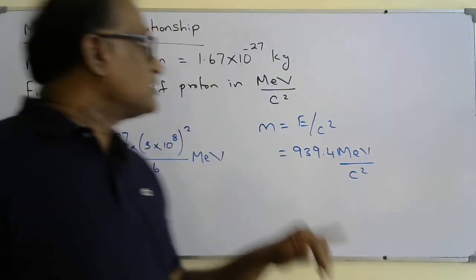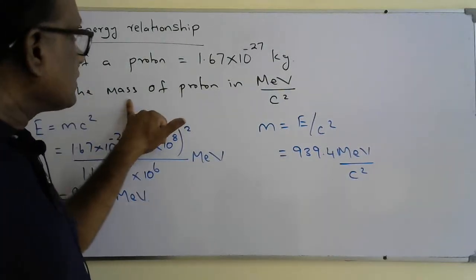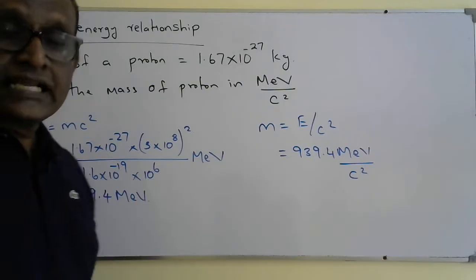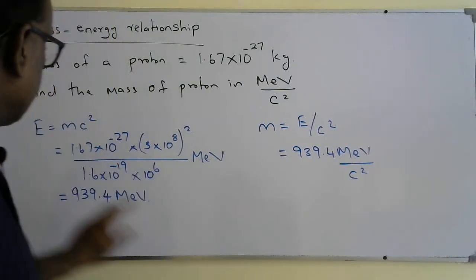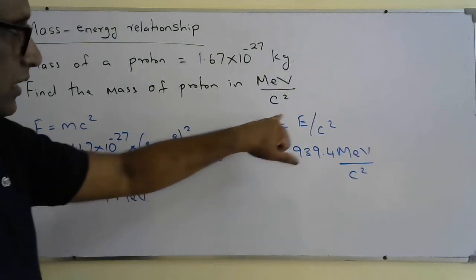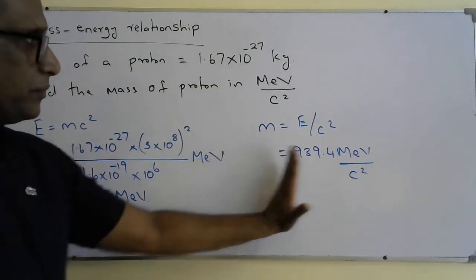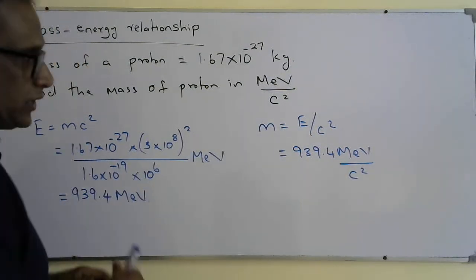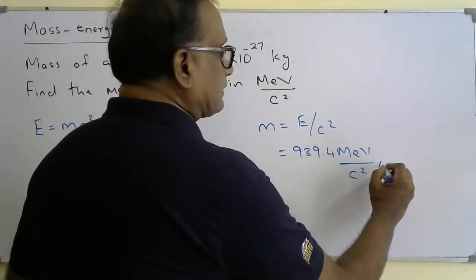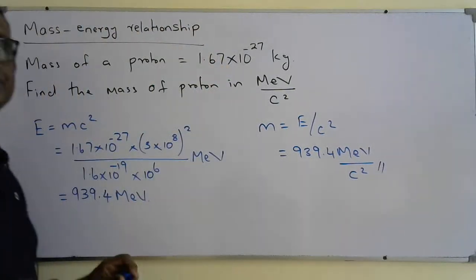Here I was asked for the mass in mega electron volt over C squared, so I found the equivalent energy of the proton in mega electron volts. Then M equals E over C squared, so that is the final answer. The mass of a proton is equal to 939.4 mega electron volt over C squared.